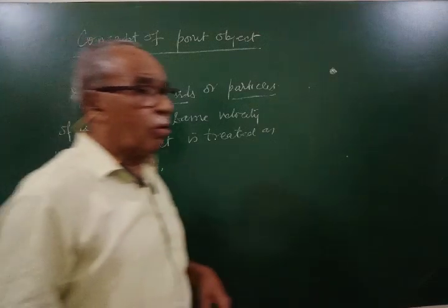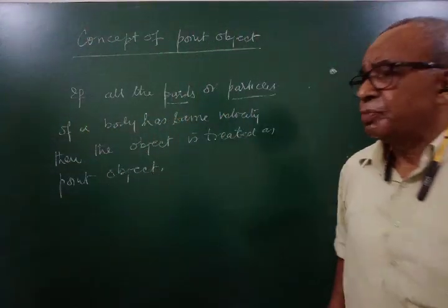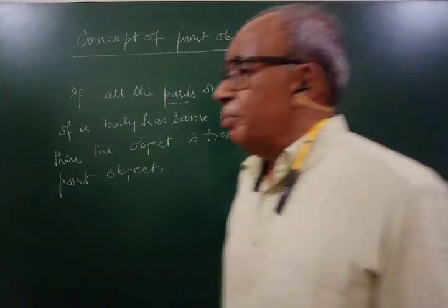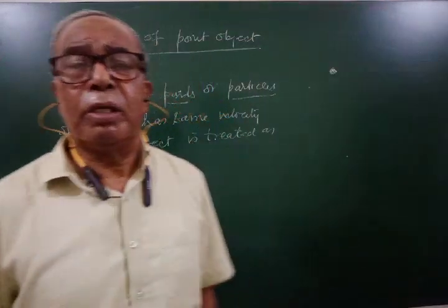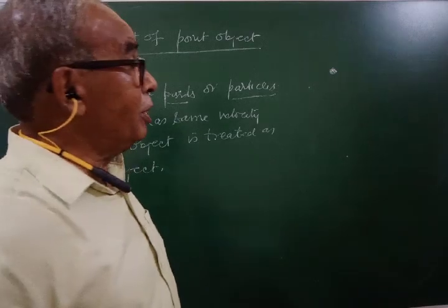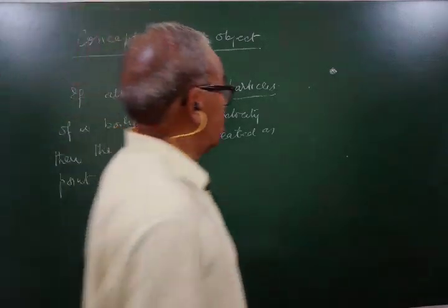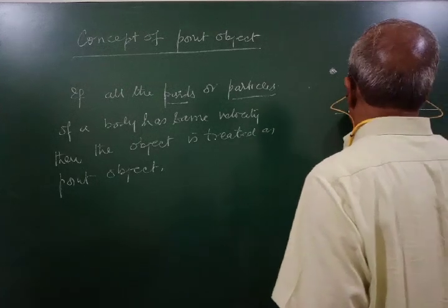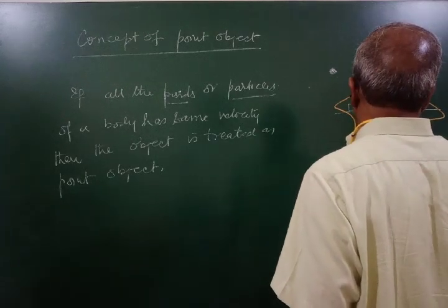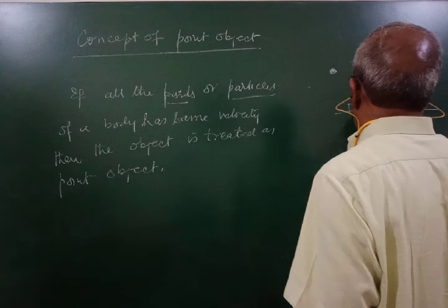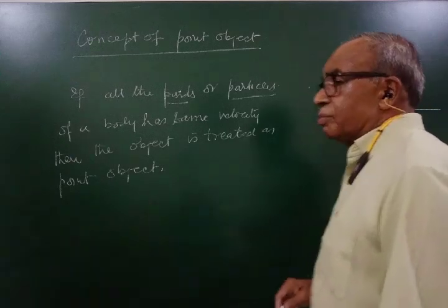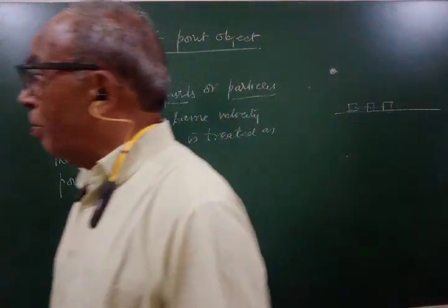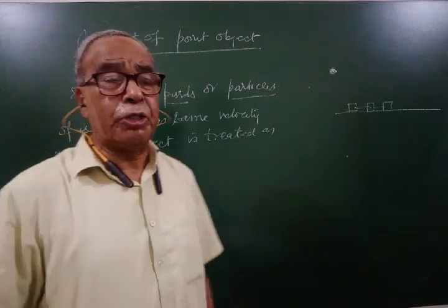All the parts in the body have the same velocity. Velocity means speed, that is the magnitude of velocity, and direction does not change. Here, so many things are together like a train traveling, and all compartments have the same velocity.